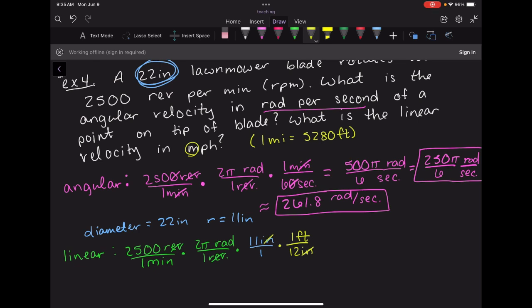Now I'm in feet. And then I know that 1 mile is 5,280 feet. So now I'm out of feet. I'm in miles per minute. I want to be in miles, that's good. But I need to get into hours.